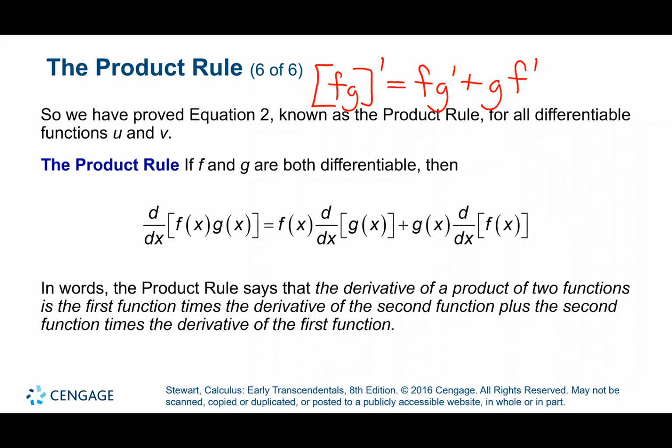The order that I remember it, when I'm remembering the product rule, I remember it like this: f prime g plus f g prime. So all I'm doing in my memory is switching f prime and g here. That's okay to do because multiplication is commutative.